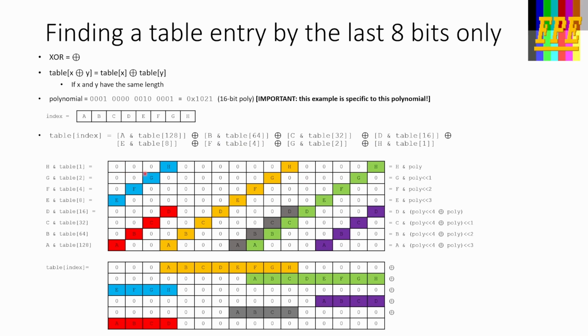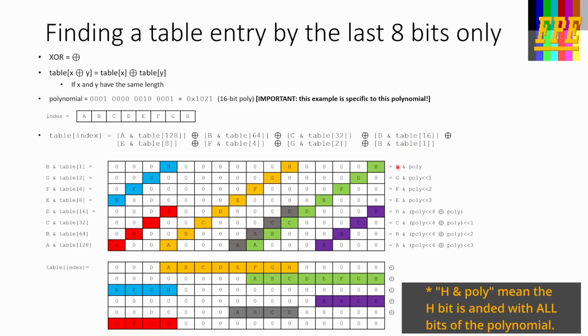All right, so if I write this out another way, the table entry for 1 is just this. So this is the H bit ANDed with the polynomial itself.